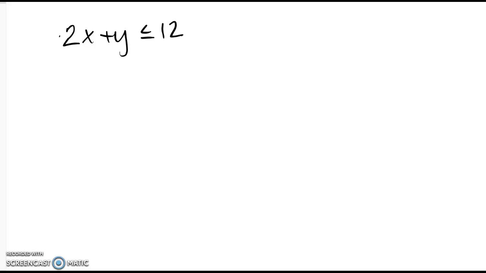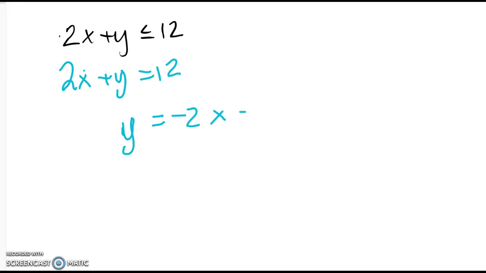So 2x plus y equals 12. And then I'm going to solve for y by subtracting 2x from both sides.